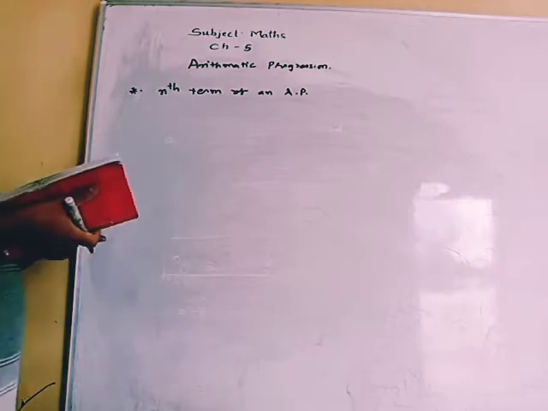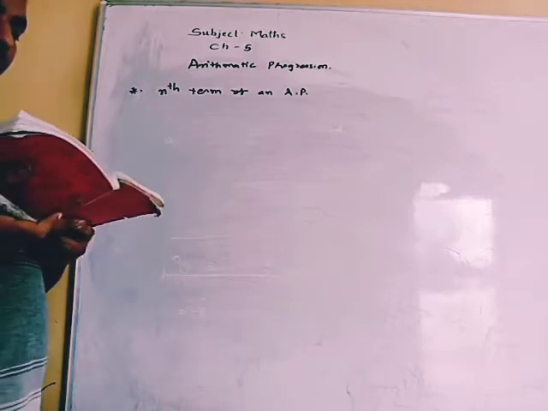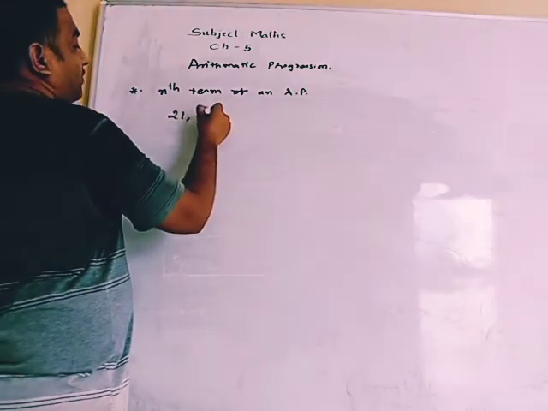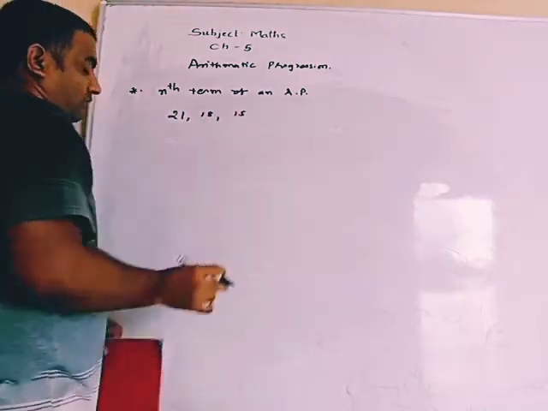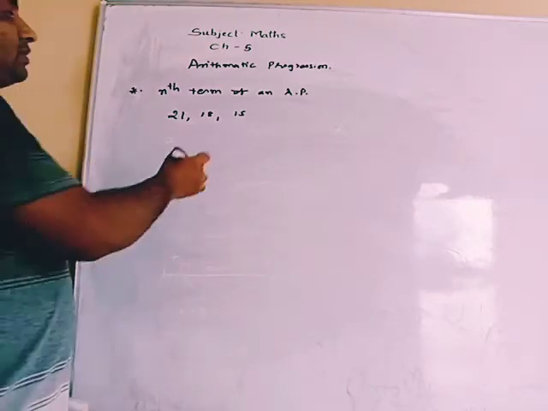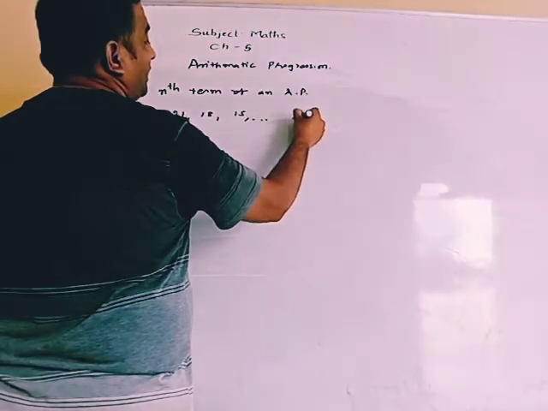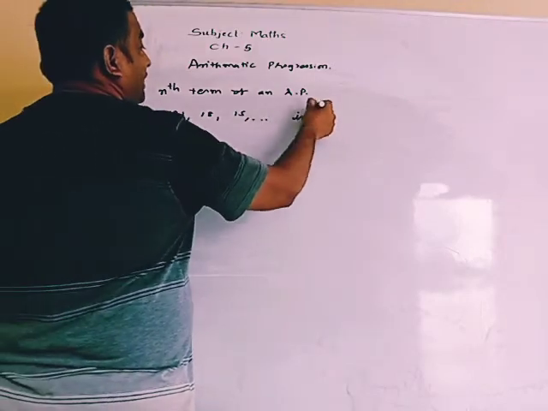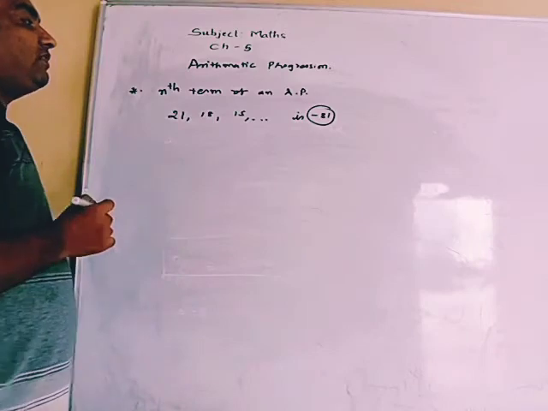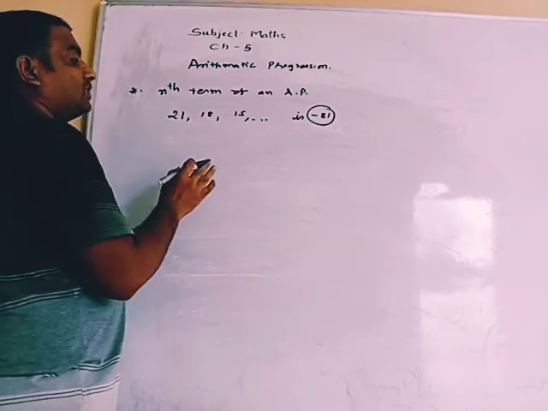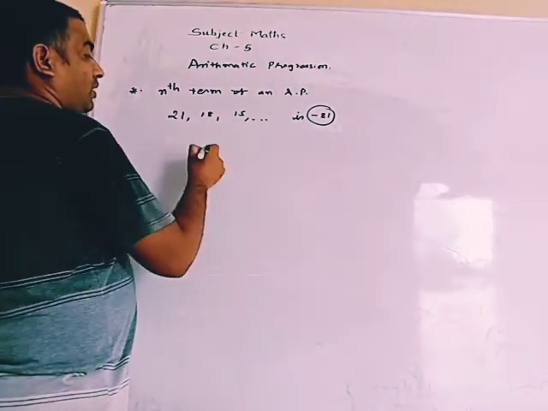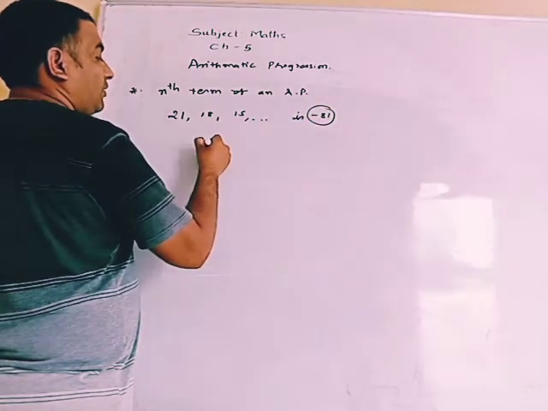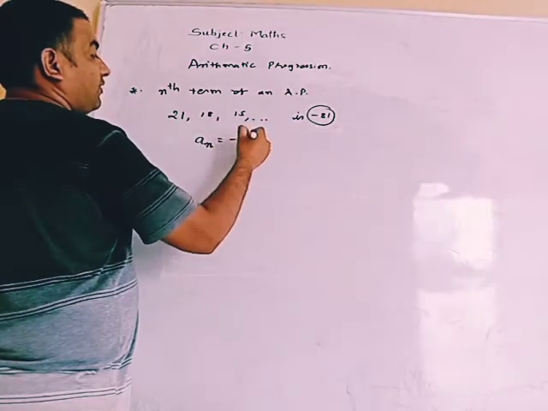Now example 4: which term of the AP 21, 18, 15, and so on, is minus 81? The number of terms is not given, so we have to find n. Let the nth term be minus 81.